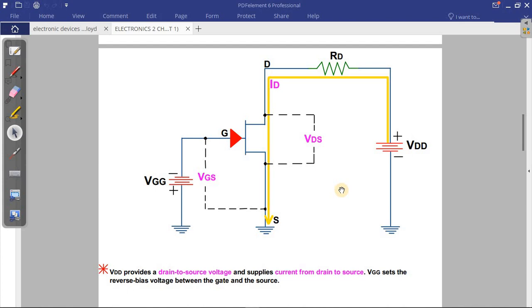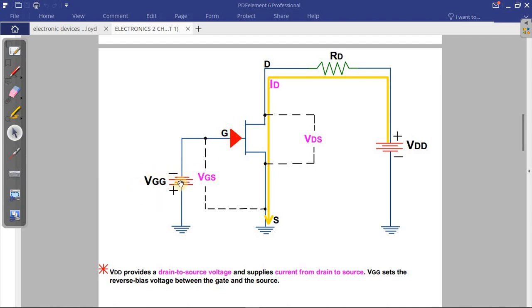VGG sets the reverse bias between the gate and the source. So the reverse bias is this one. If we connect a negative voltage here, we're going to have a positive voltage on this side. Automatically we know that this is the N channel, even without regarding the arrow.